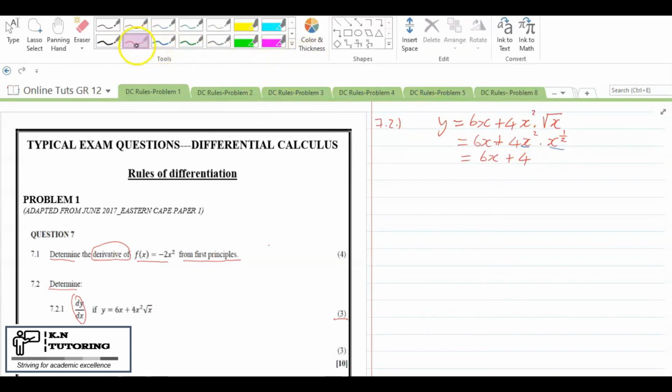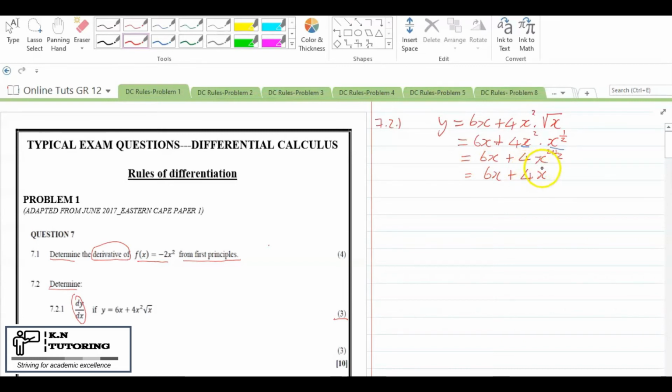And we know from the laws of exponents that when you have bases that are the same, you add the exponents. So we can see that the bases are the same, which is x, so we're going to add the exponents. So this will be x to the 2 plus 1 over 2. So 6x plus 4, what is 2 plus 1 over 2?